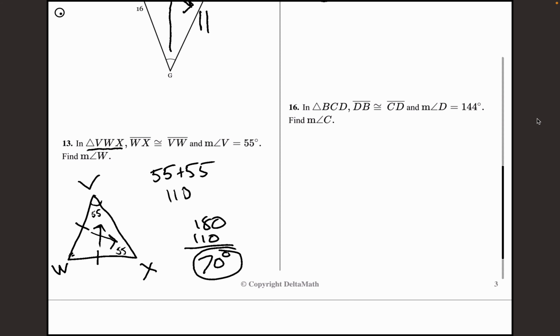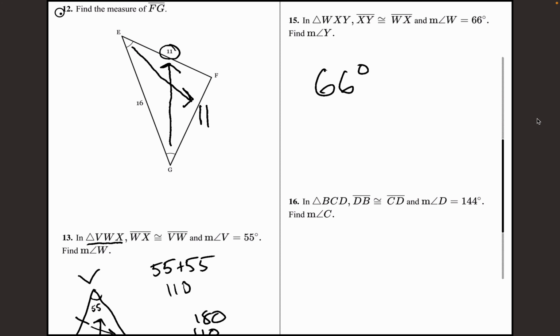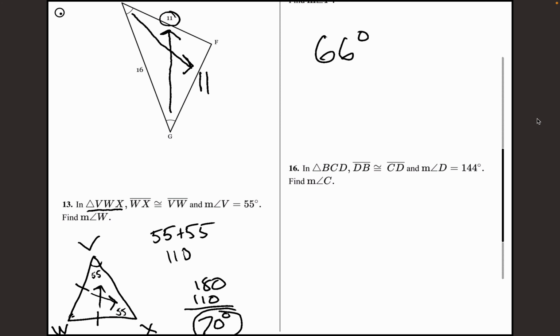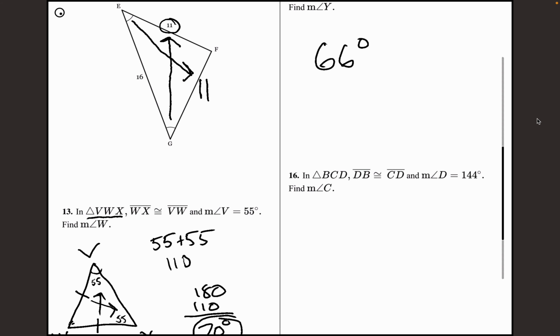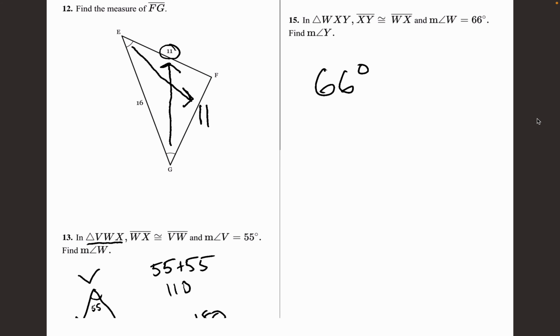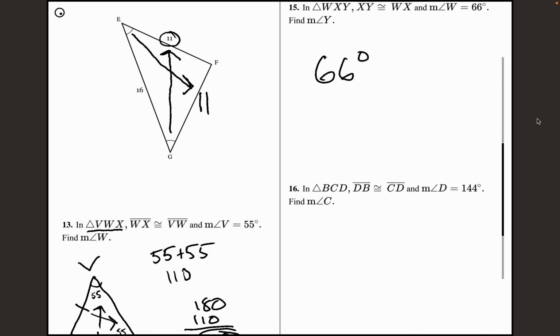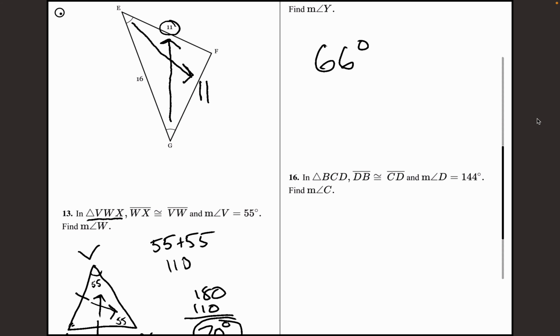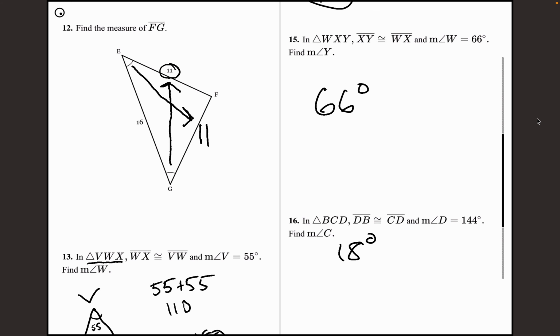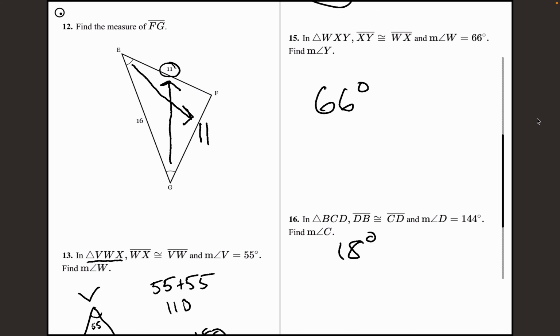That's number 16. Number 16? Hold on, I'm confused now. I am too. All right, who can tell me what they got for 16? What do you get, Sophie? 57. All right, did we get 18? Okay, good. I think that's what you should have gotten for both of these.